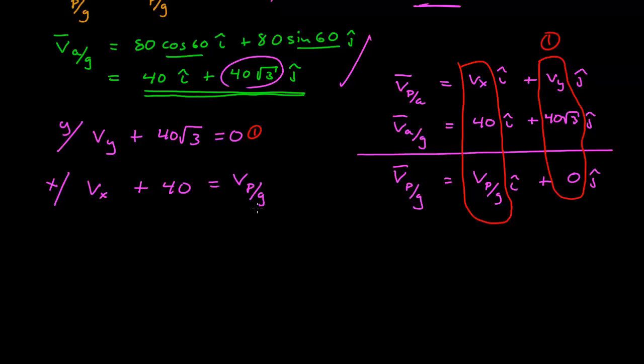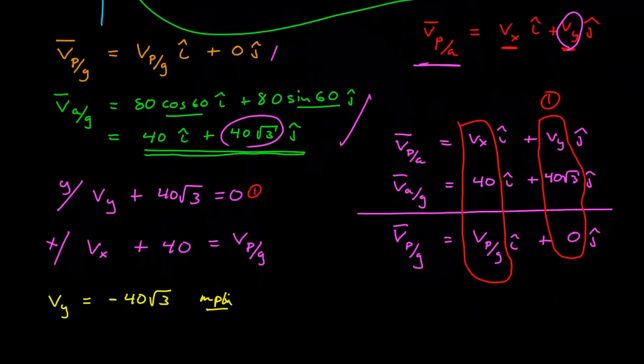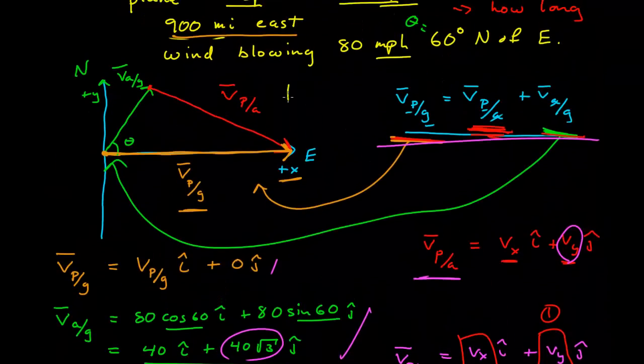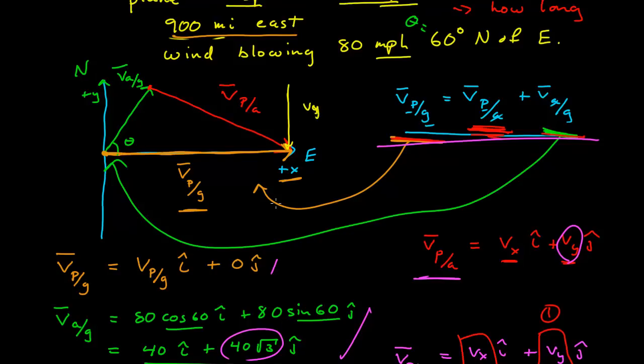Okay, well, this I have something. I now can solve for the y component of my vector of the plane relative to the air. That's convenient. So that's equal to negative 40 times the square root of 3. And remember, I'm in all miles per hour because I haven't changed units. And that makes sense, right? The y component is going to be pointing negative.